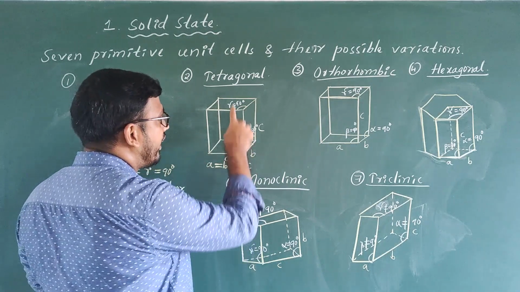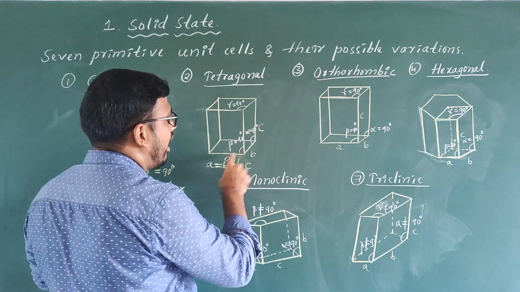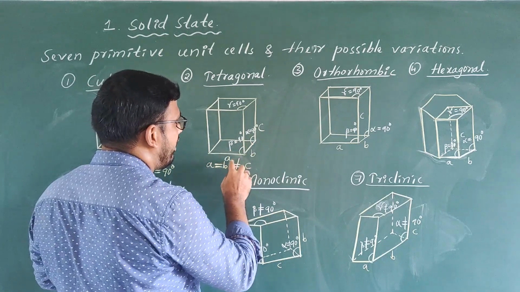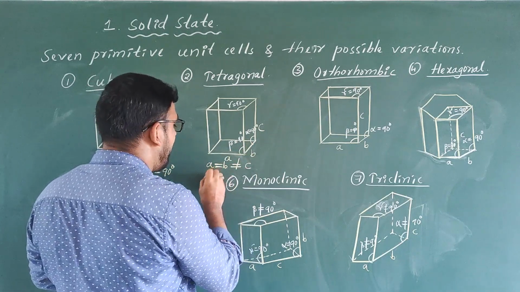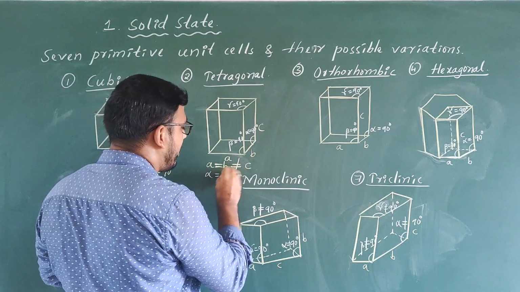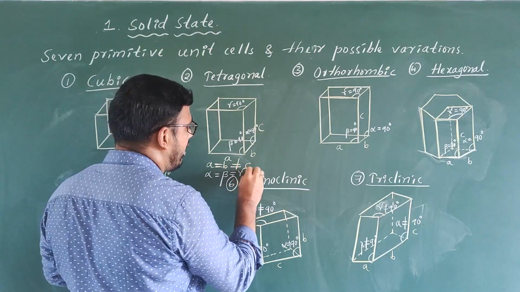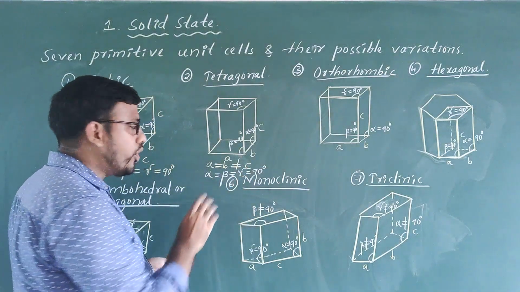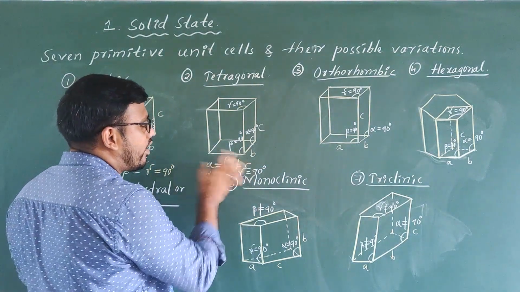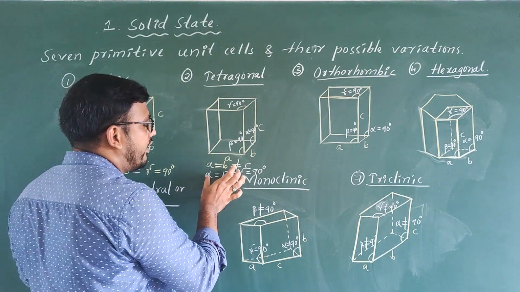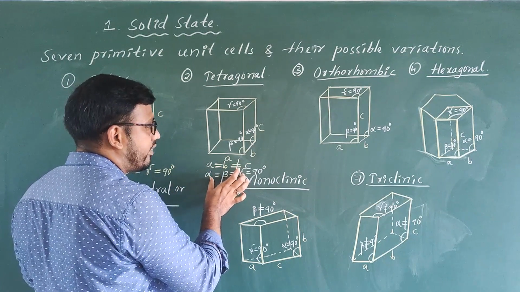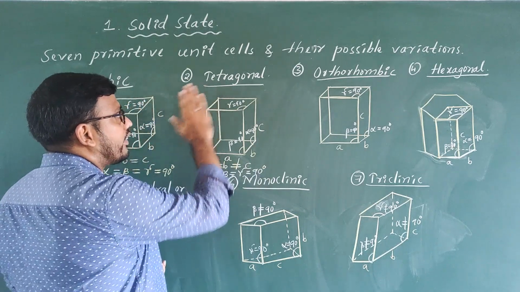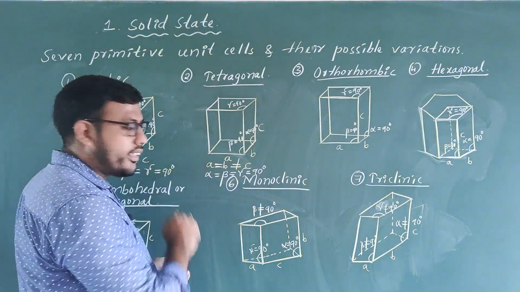When we come to the angles, all the edges are perpendicular here. So the angle alpha is equal to beta is equal to gamma is equal to 90 degree. Though the edge lengths are not equal here, the axial angles are all 90 degree. So that is called tetragonal crystal system.